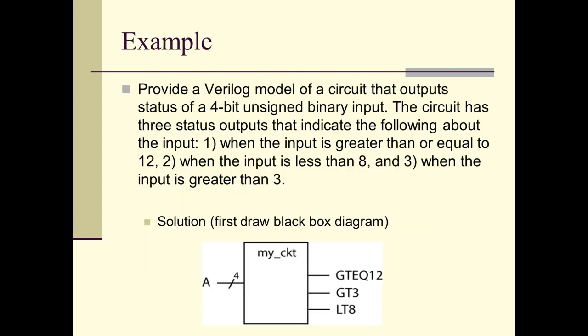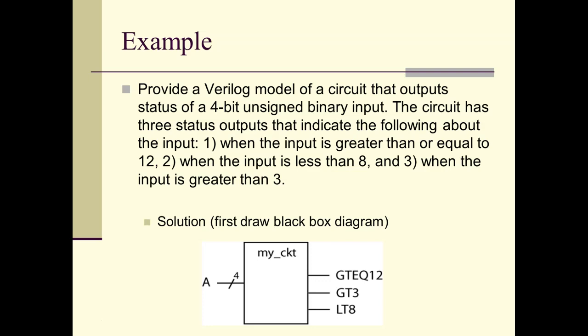So I want to generate another simple example here, and we'll work through this. The point of this example is to show you how to access the signals within a bus or bundle. This circuit has a 4-bit input and 3 outputs.